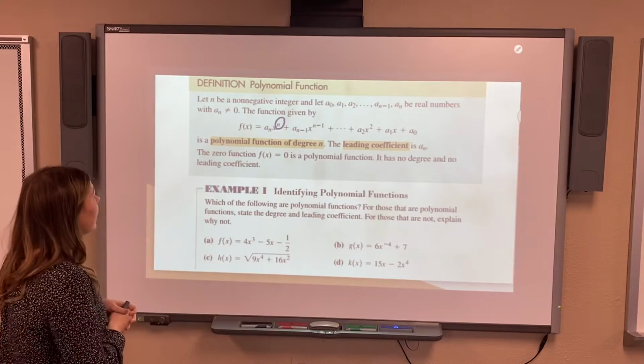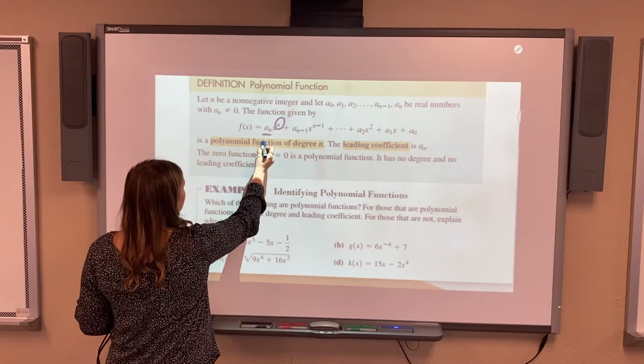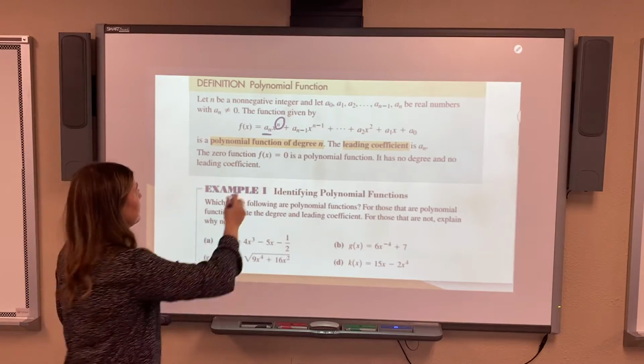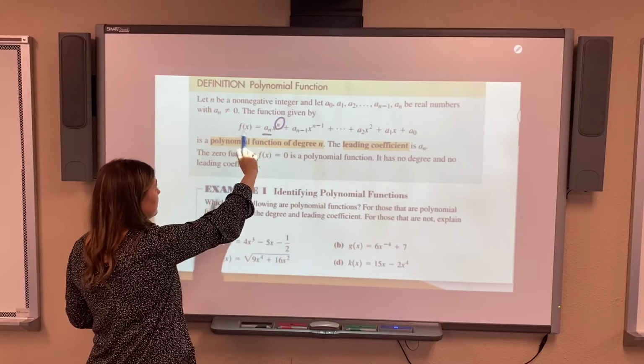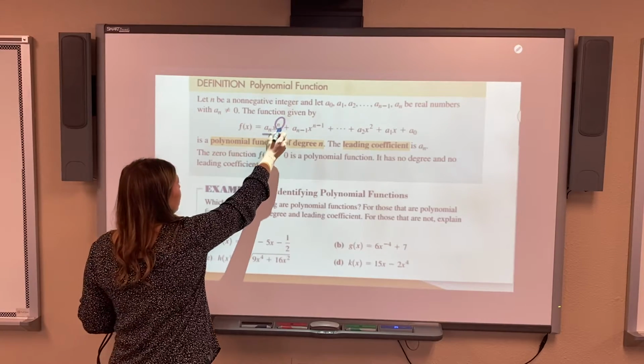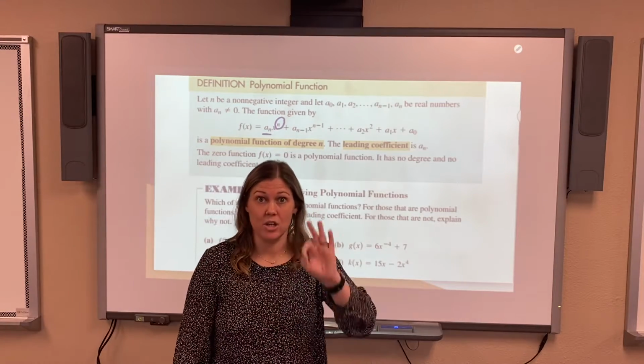And a sub n cannot equal 0. We have a sub n minus 1, whatever, but your a sub n cannot be 0, and your n is your exponent that is called your degree.